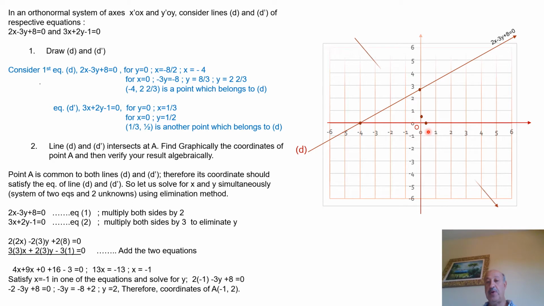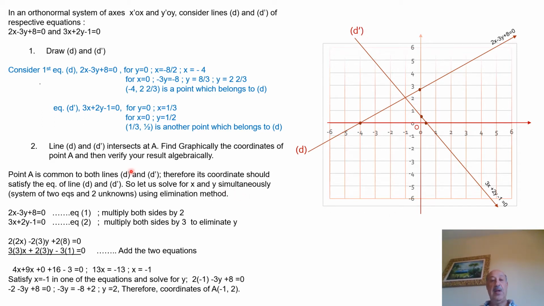Join these 2 points together to get D prime. D prime is of equation 3x plus 2y minus 1 equals 0. So these are the 2 straight lines, D and D prime.